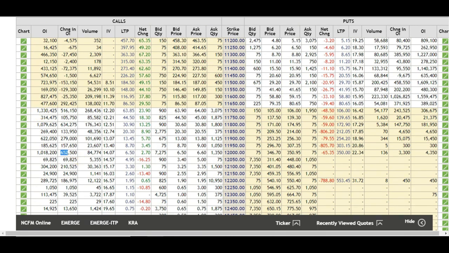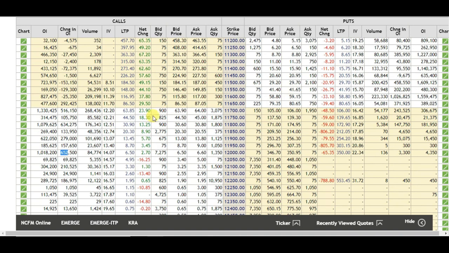So the change in open interest is increasing on the upper side, which indicates bullishness in Nifty. Even on the put side, yesterday the highest cumulative open interest was at strike price 11,500, and today it has shifted to 11,600, which indicates a bullish trend in Nifty.